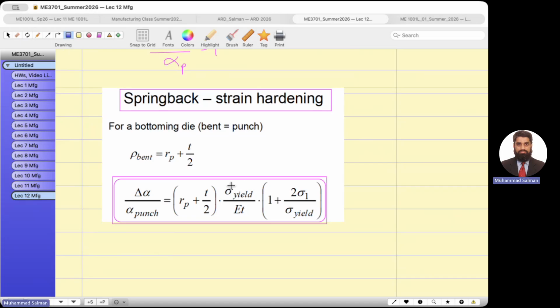This is for the case when you have a material which is strain hardening.